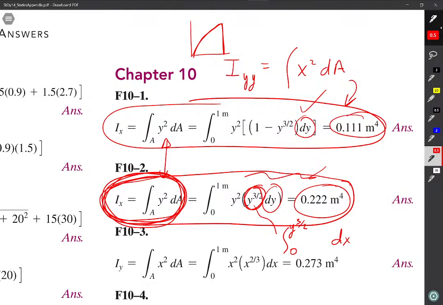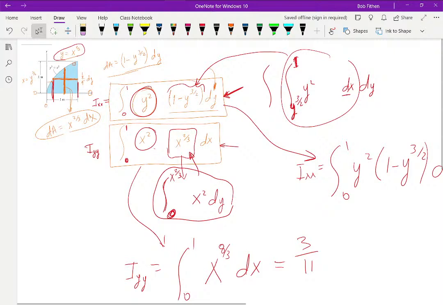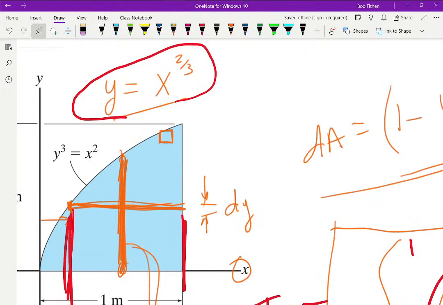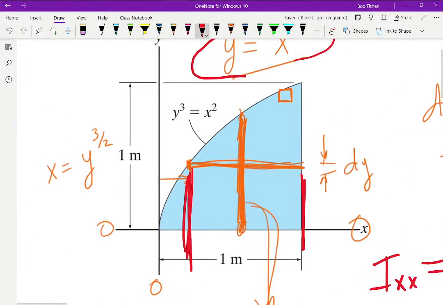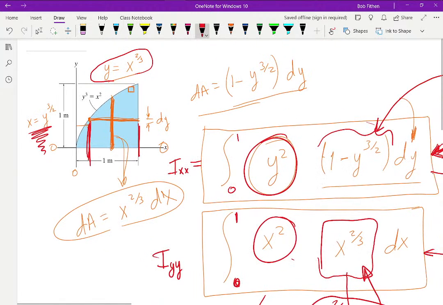And y isn't 3/2. X, okay, x goes from... I may go back and try to decipher what he's trying to come up with there, because he's only doing this, and that doesn't make any sense.